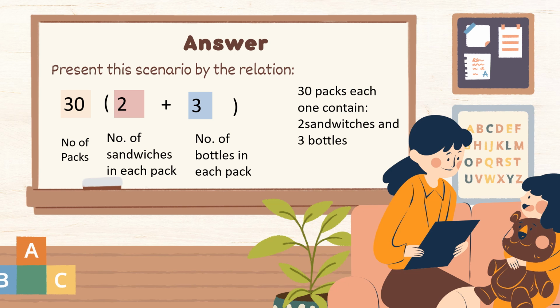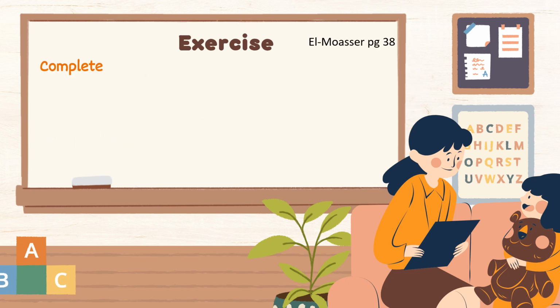Now, let's have an example to make sure that we have understood this lesson. First of all, A: complete 8 between brackets 5 plus 4 equals what? Equals 40 plus, complete the space.